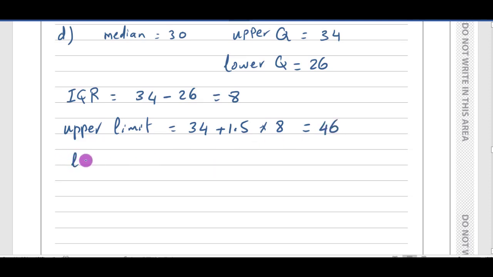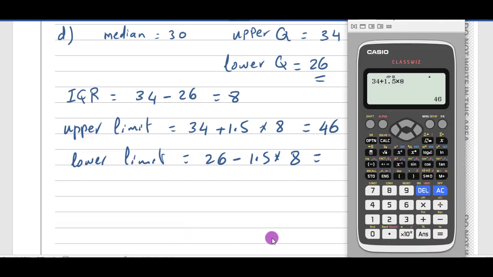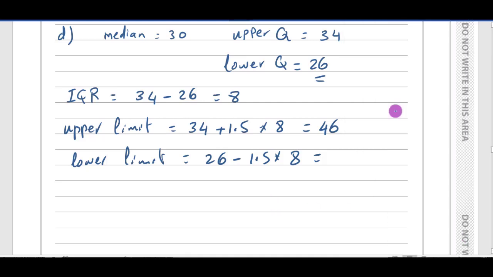Now the lower limit is equal to 26 minus 1.5 multiplied by 8, so it is equal to 14. Let us start to draw.